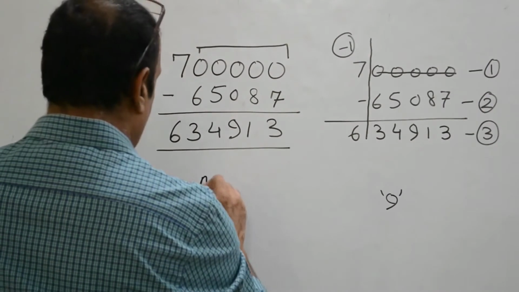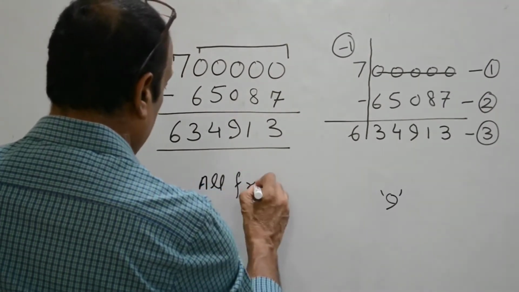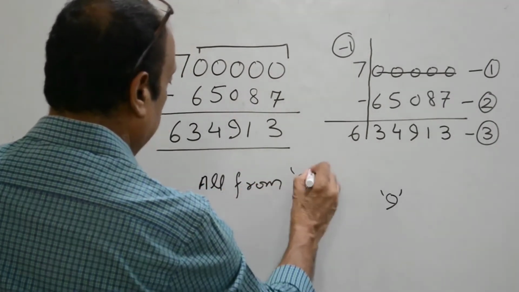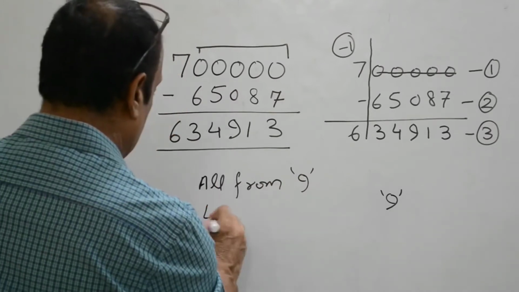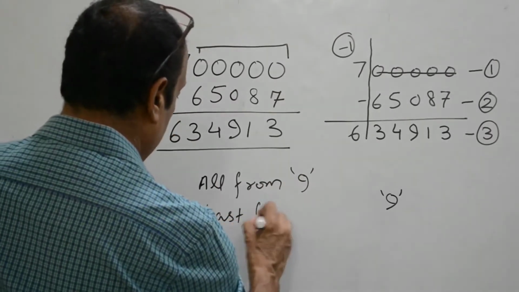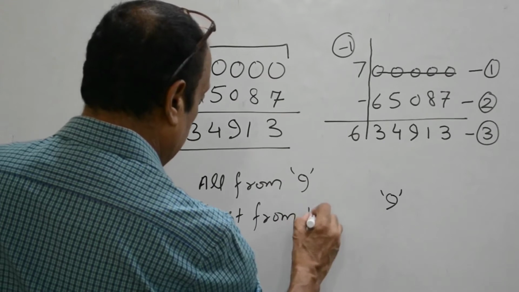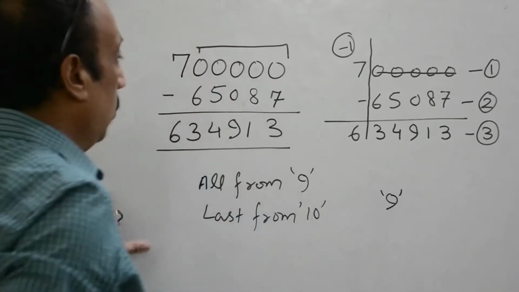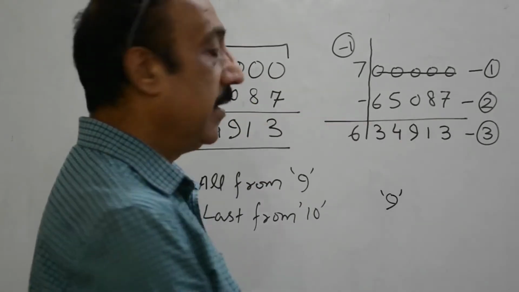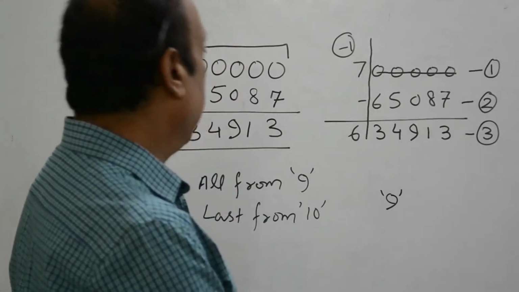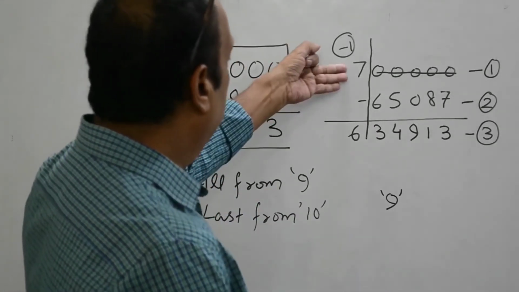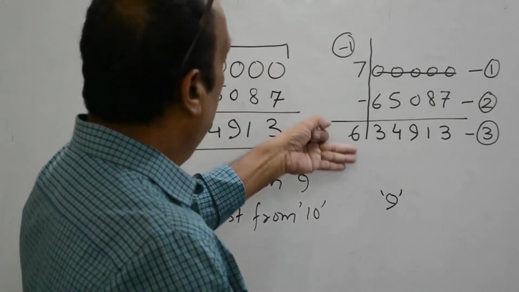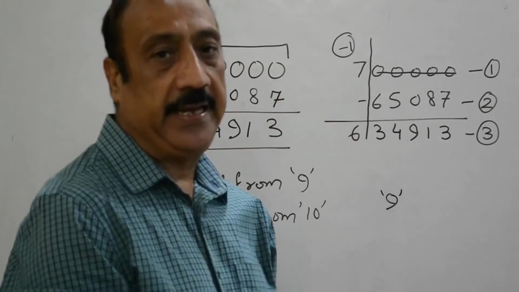So all from 9 and the last from 10. So adopting this method, we can subtract any number from a number having all zeros very easily and very quickly.